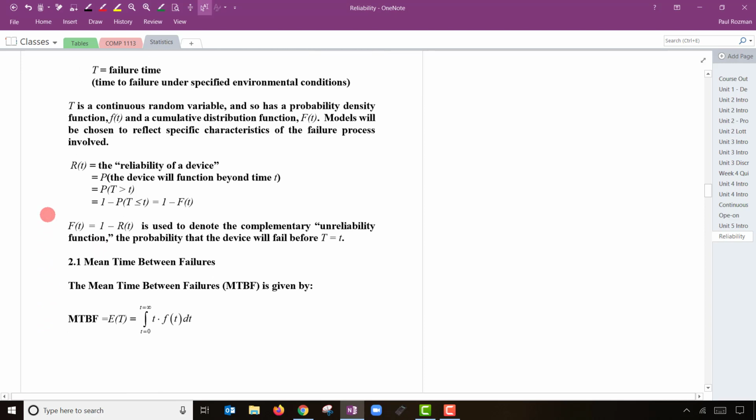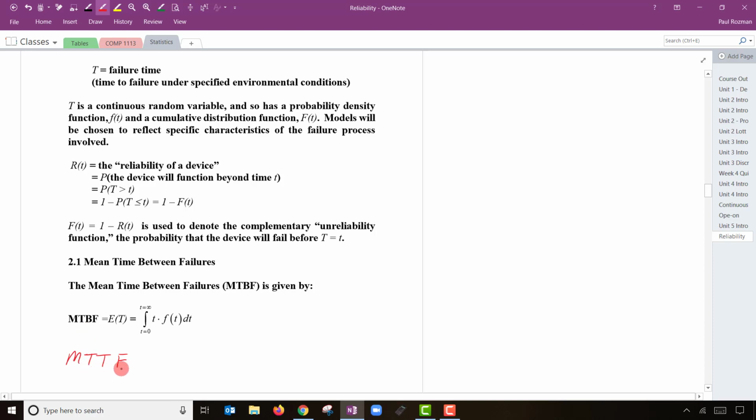We can talk about the average length of time that something will last, the mean time between failures or the mean time to failure. These two terms are used sort of synonymously.